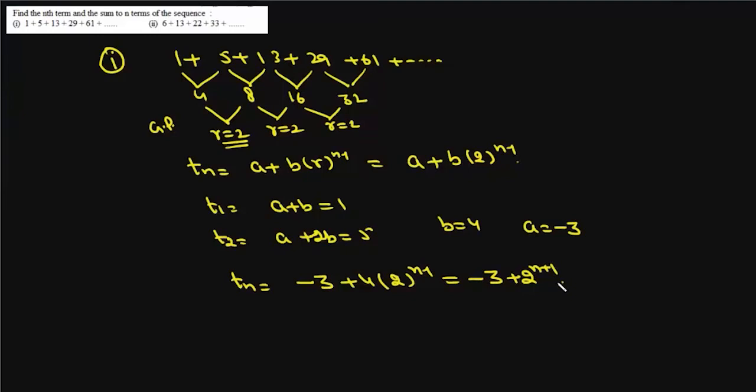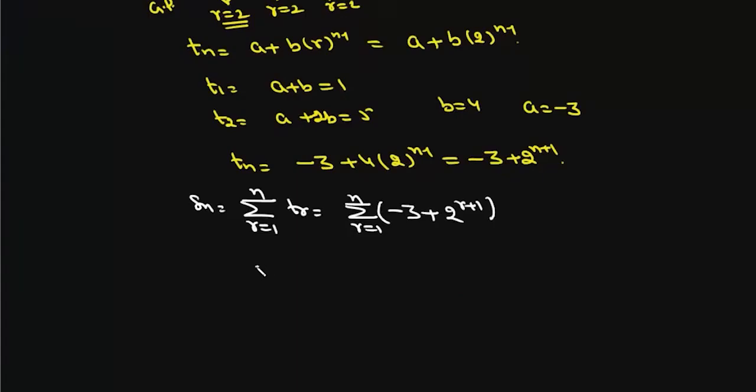Now we need to find the sum of n terms. Now this Sn will be simply the summation, r varies from 1 to n, of tr, which is the summation, r varies from 1 to n, of minus 3 plus 2 to the power of r plus 1. Now the summation of minus 3 is simply minus 3n, and then we'll have the summation, r varies from 1 to n, of 2 to the power of r plus 1, which is nothing but a GP.